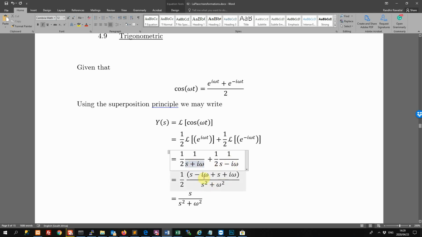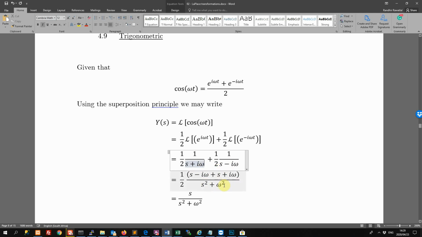So if we multiply these two together, we know we'll have s squared plus minus the square of i omega, which is going to be minus omega squared, and so minus that is going to be s squared plus omega squared.